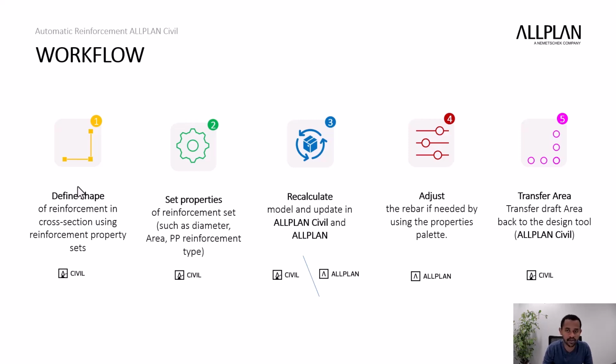We need to say, okay, we want this bar diameter, this amount of reinforcement, and so on. Then finally, we just recalculate and bring this back from ALLPLAN Civil to ALLPLAN Engineering. There in ALLPLAN Engineering, we could adjust as we wish, and we could finally produce the drawings.